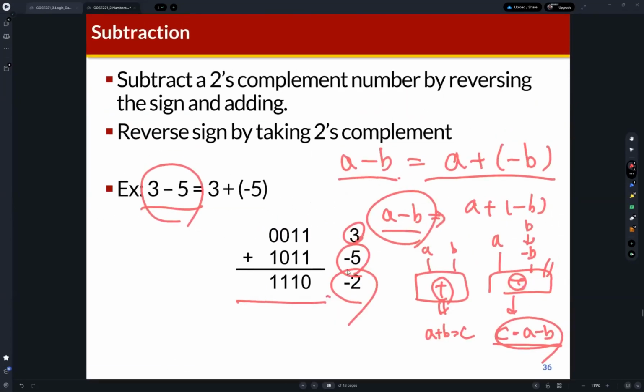Okay, and then subtraction is same as the addition because A minus B is A plus minus B. So which means that in order to perform subtraction, then we need to convert this number into the minus number, right?